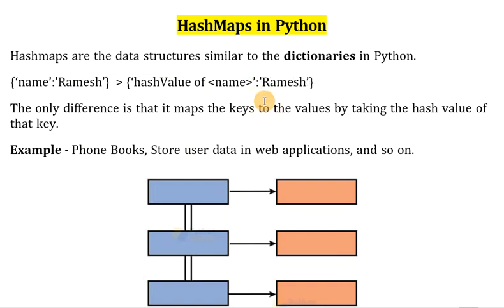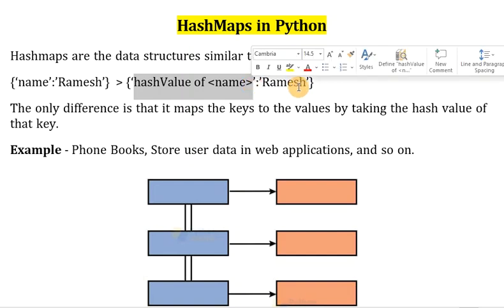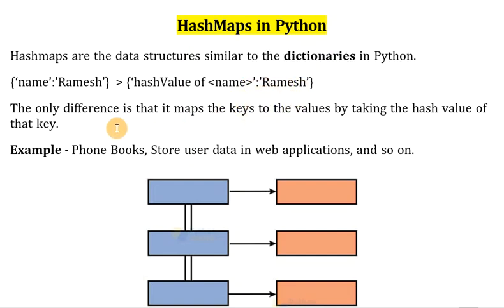So guys, this one is the way of dictionary, but here you can see the hash map is similar to the dictionary. It also uses the key value format, but the only difference is that instead of taking the key directly, it takes the hash value of the key as a key for the value. This is the only difference I have mentioned.